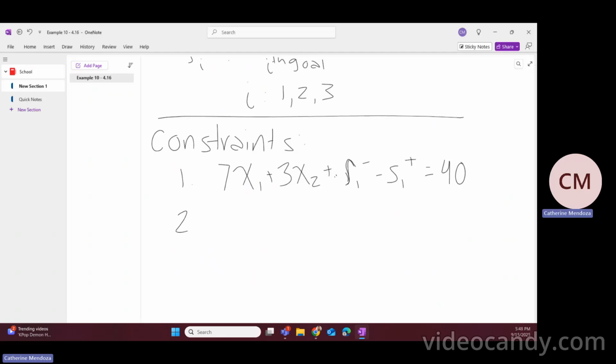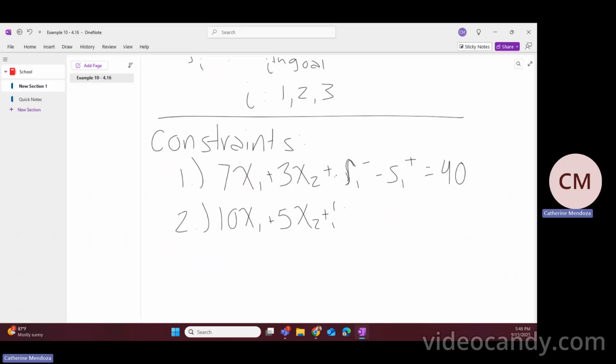We want to look at our goal 2. Our goal 2 is looking at the 60 million low-income people. Our low-income people are 10 from football, plus 5 from soap opera.